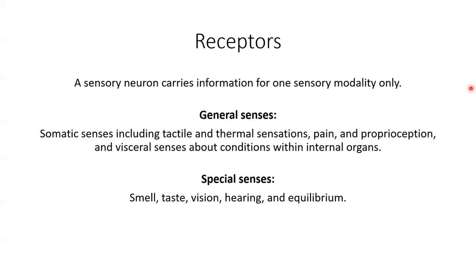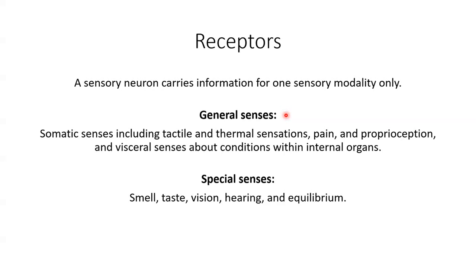Now, the different sensory modalities can be grouped into two classes. We have our general senses and our special senses. Our general senses refer to both somatic and visceral senses. Our somatic senses, with the prefix somat referring to the body, include tactile sensations such as touch, pressure, vibration, itch, and tickle.